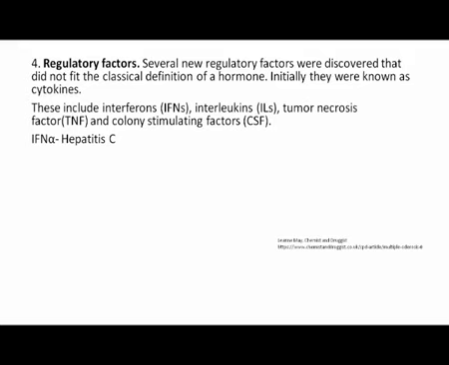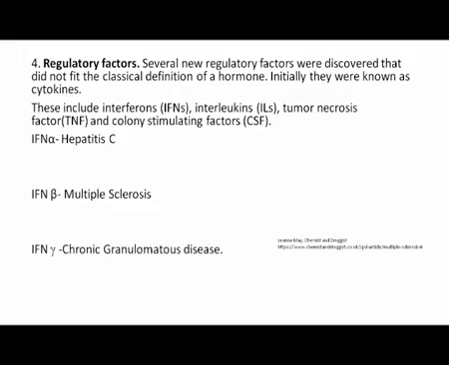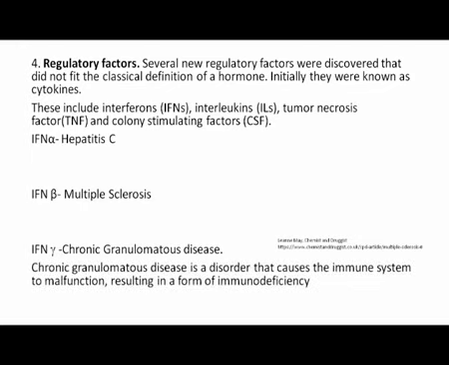So, for example, IFN alpha, or interferon alpha, is used for hepatitis C treatment, interferon beta is used for multiple sclerosis treatment, and interferon gamma for chronic granulomatous disease. This chronic granulomatous disease is a disorder that causes the immune system to malfunction.